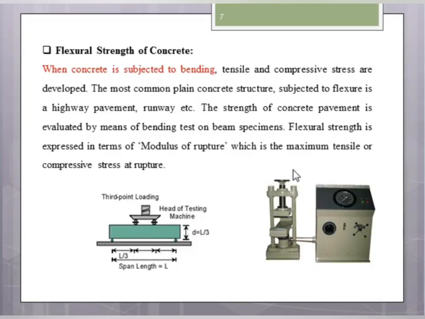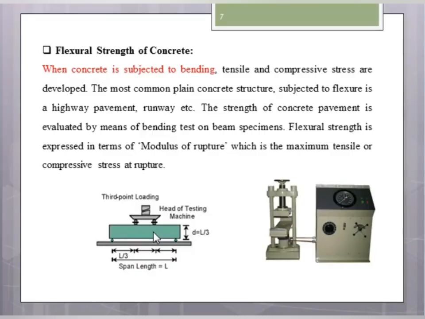Flexure test: like for the compression test we are using a 150 cube or 100 size cube, here for the flexure test we are going for a beam test of a small size, 100 by 100 by 500 length. You can see in this figure such a beam we have to cast, and after 28 days again it is used under the CTM.